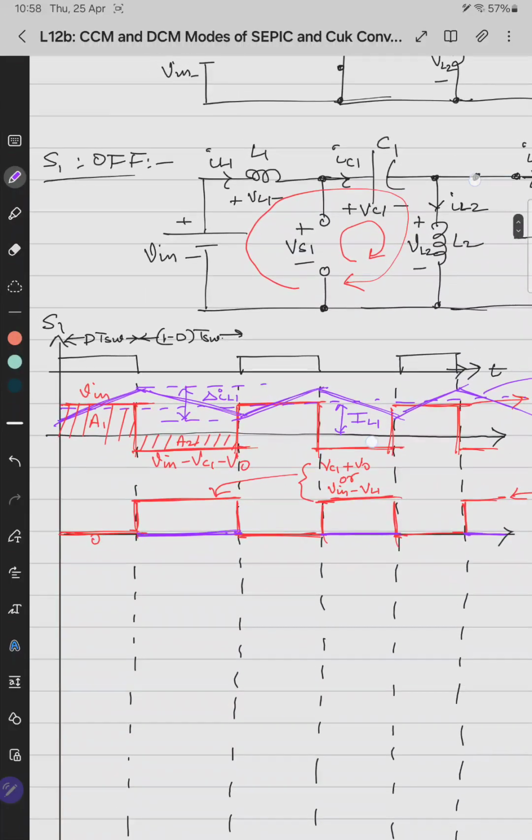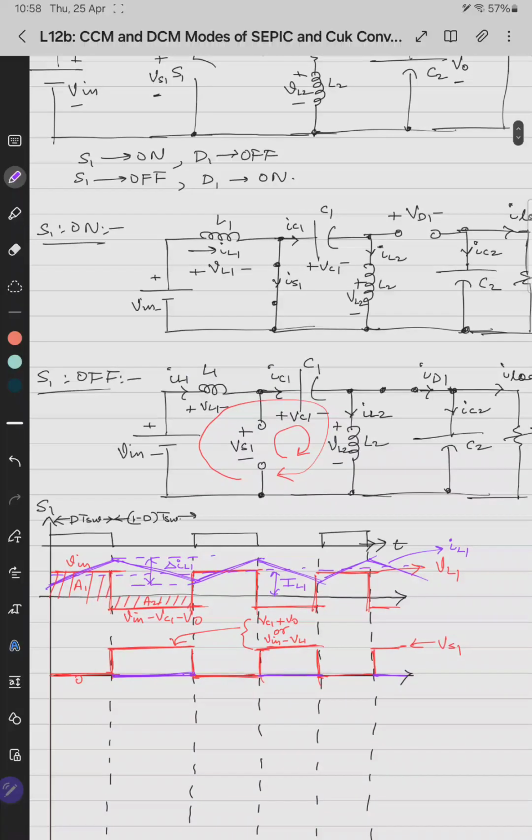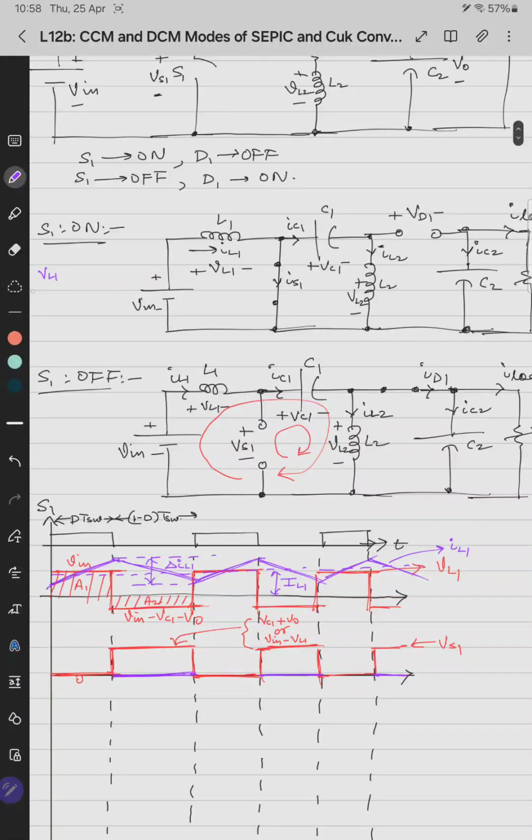You just have to see what the current is in the positive time when the switch is on. Here we can write IL1 is IS1 plus IC1, or IC1 equals IL2. So IS1 plus IL2, so we can write IS1 as IL1 minus IL2.